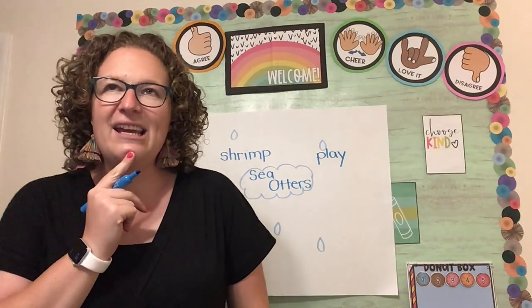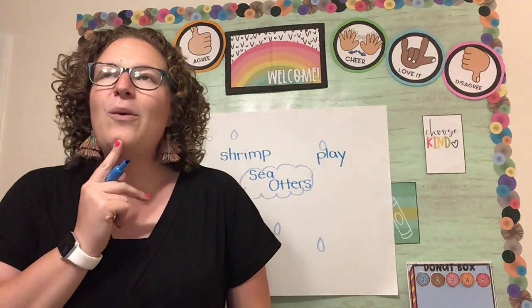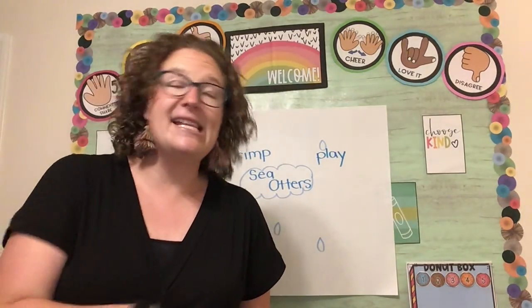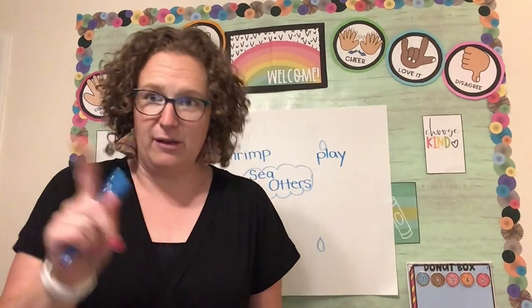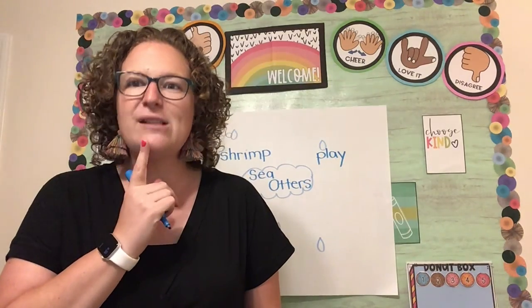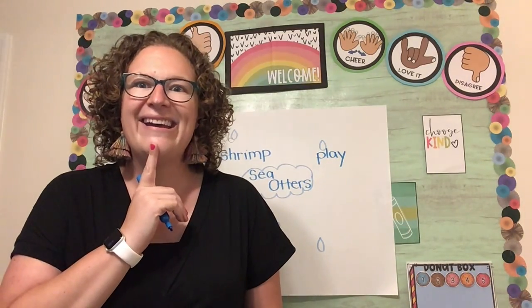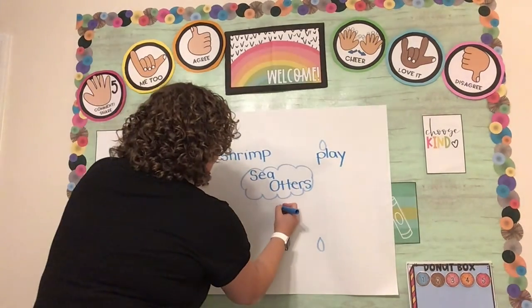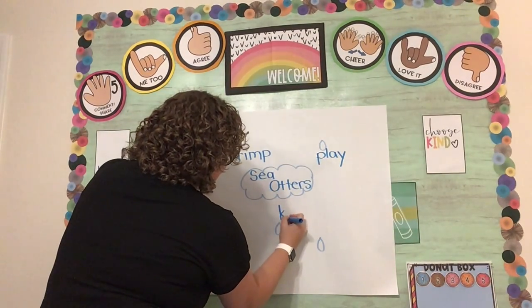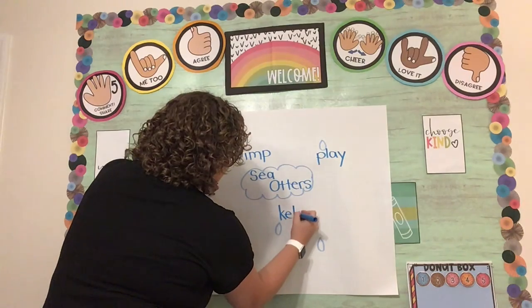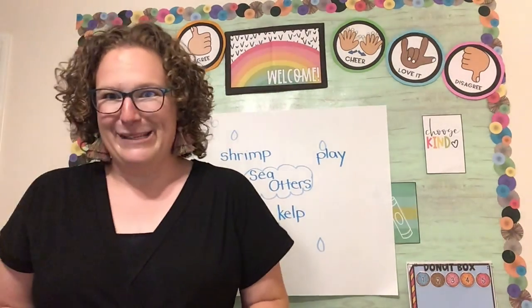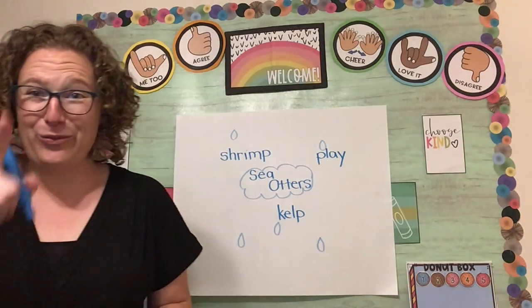Let's see. What is the type of seaweed that they play in and sometimes they wrap it around each other? The moms wrap it around the baby. It starts with k, k, k. Yes, kelp. Kelp. That is important for sea otters too. That's a great detail.